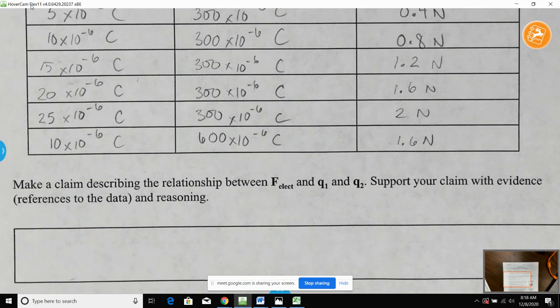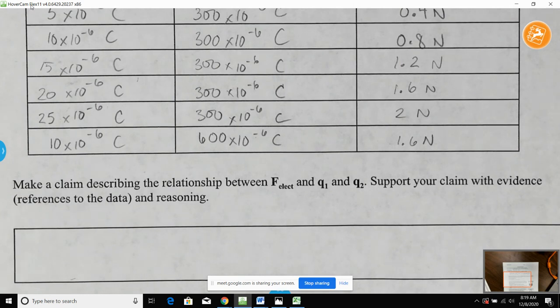If you don't remember, what does directly proportional mean? Directly proportional means as one increases, the other increases. And inversely would be as one increases, the other decreases.